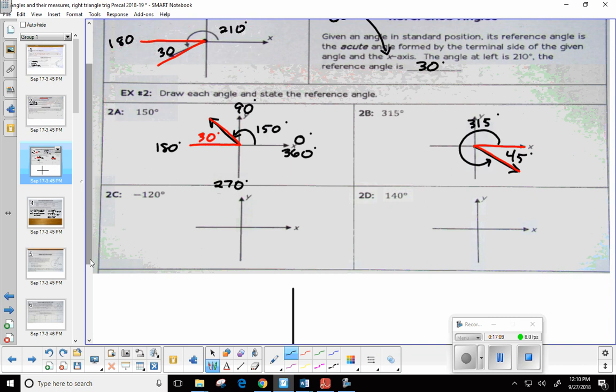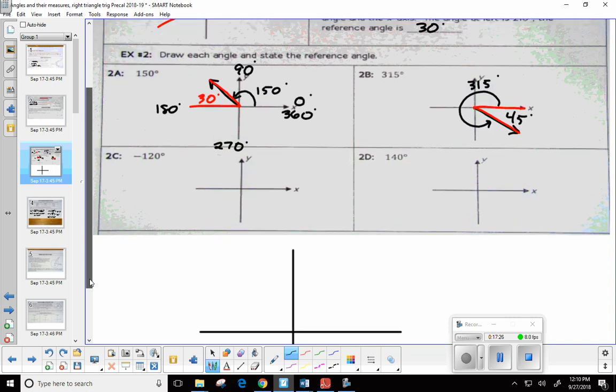Is anybody having a hard time with this idea? No? Okay. Well, let's try 2C. Now, what's different about this one? Now, it's negative, so I'm not going to rotate counterclockwise. I'm going to rotate clockwise. Now, if you're rotating clockwise, these values are going to kind of switch up.